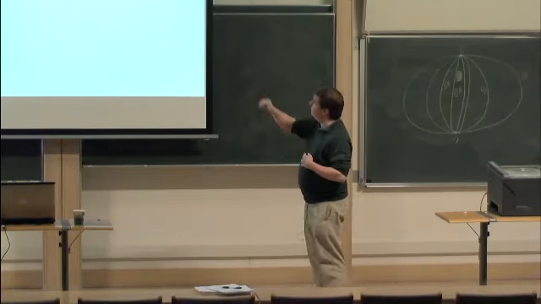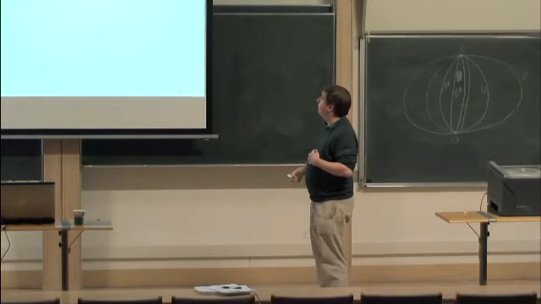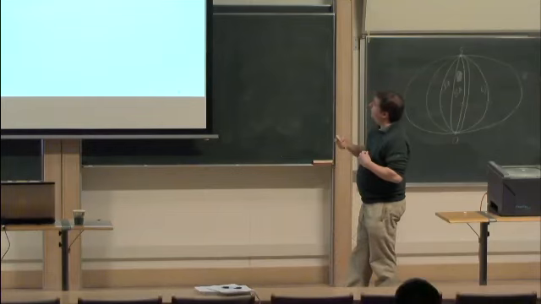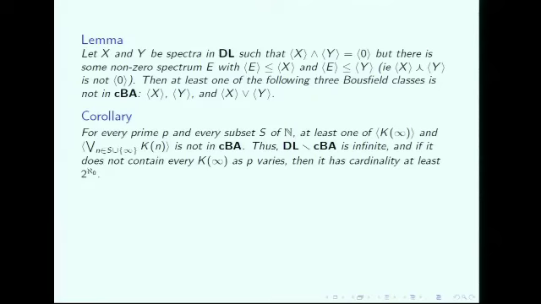Because this is true for every prime P and for every subset of the naturals, that means that for a start, this complement, DL without CBA, is infinite. And moreover, if it's not the case that it contains every K infinity as P varies, then if K infinity for some particular P is not in there, then for every subset of the naturals, we've got the other one not in there.